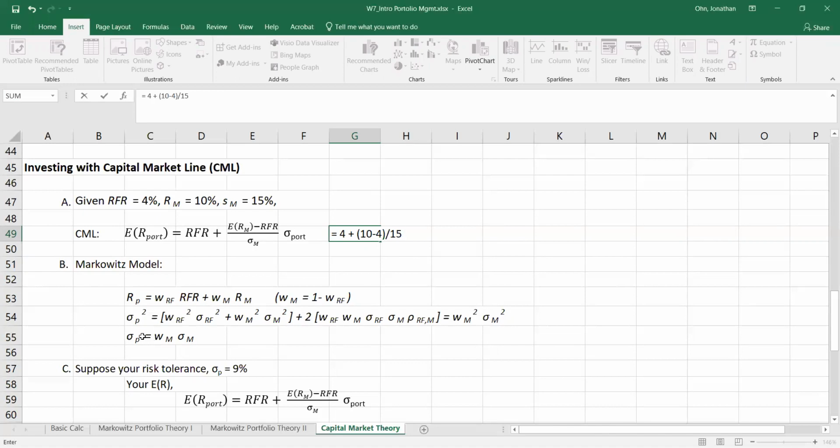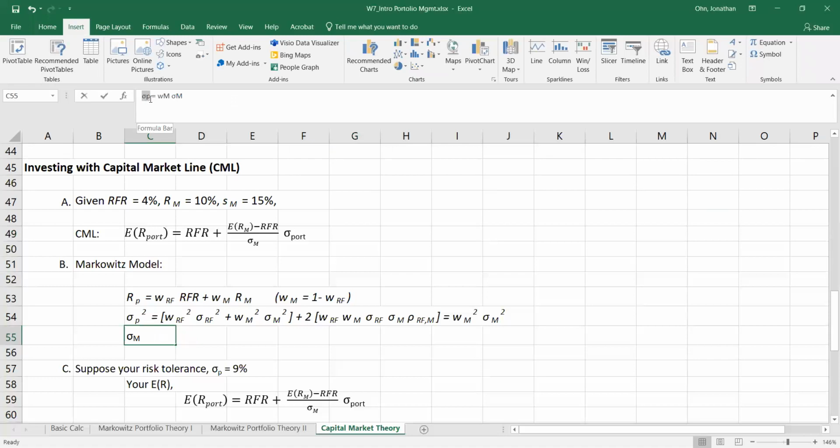Okay, sigma of the portfolio. Let's see.